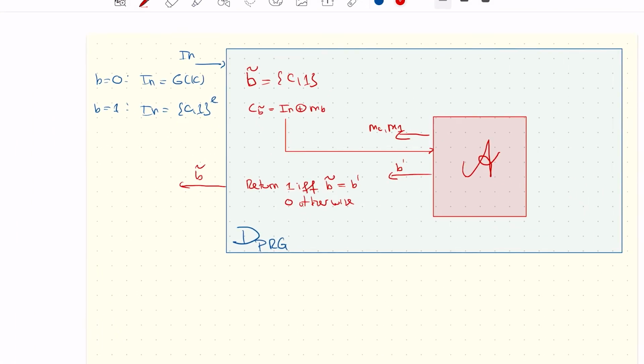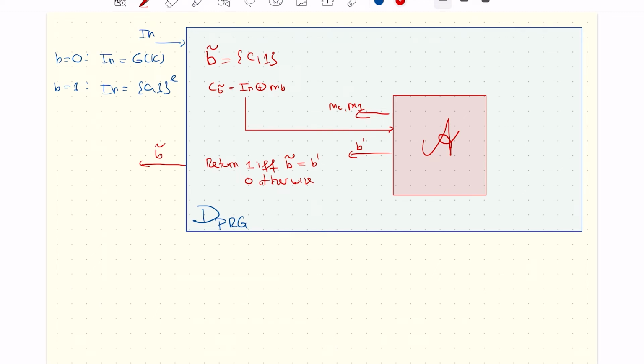So let's talk about the intuition, why we actually choose our reduction in this way. Well, as we just said, we have essentially two cases, right? The one case is the one where in is computed as g of k.